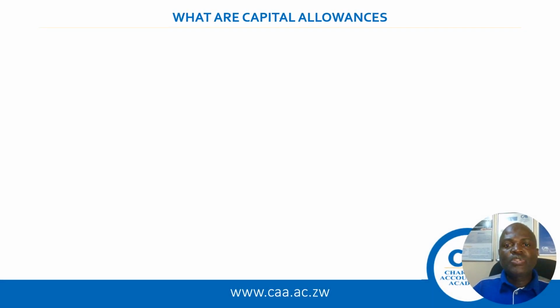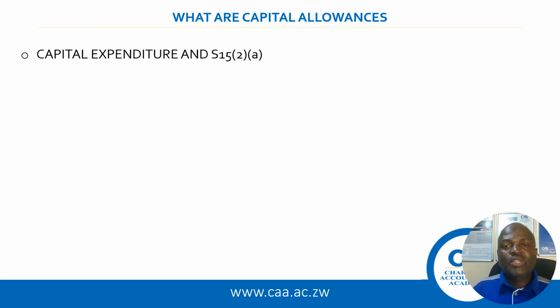So let's move into what are capital allowances. The starting point is in your general deduction formula for you to get deductions. Capital expenditure is not allowable.